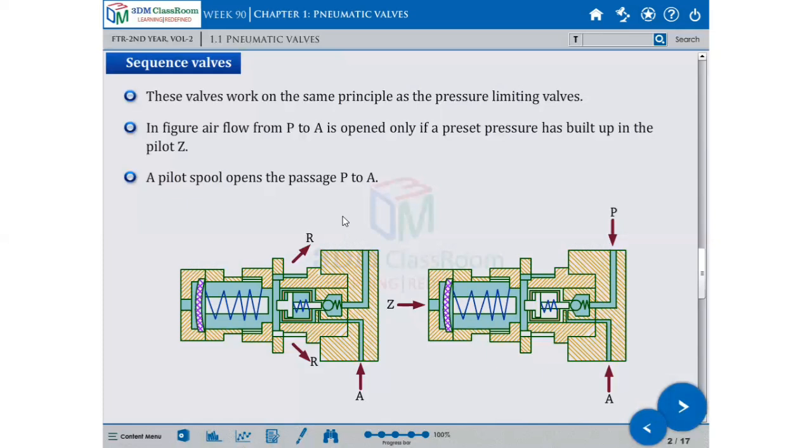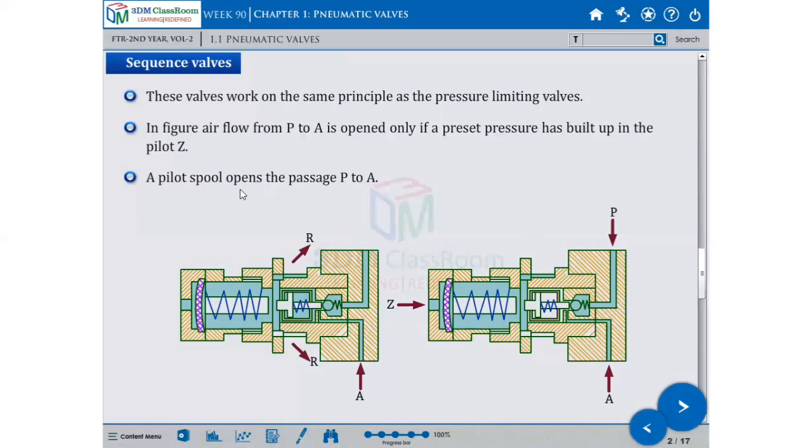See first, the air flow from point P to A is open only if the preset pressure has built up in the pilot Z. So when the pilot Z has a bigger pressure, it acts against the spring force and the port opens.